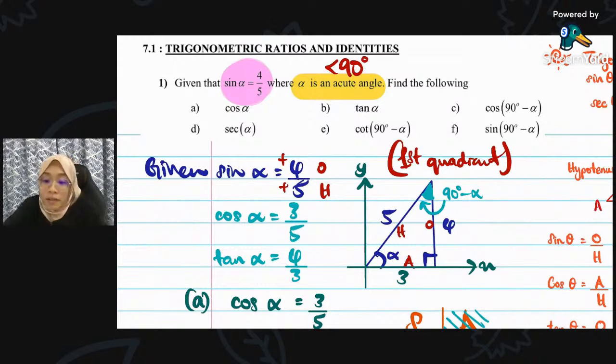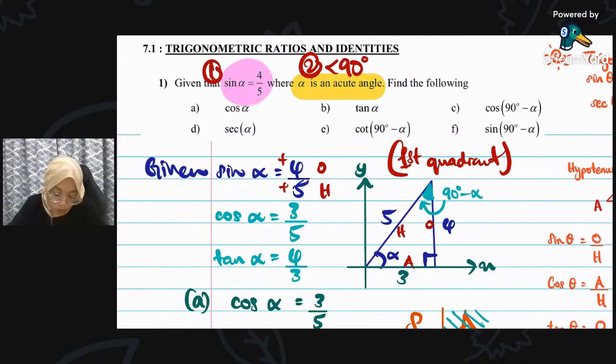Yeah, this is very important. So sine alpha equals 4 over 5, where alpha is an acute angle. Dua ni adalah info you all. First info and second info.